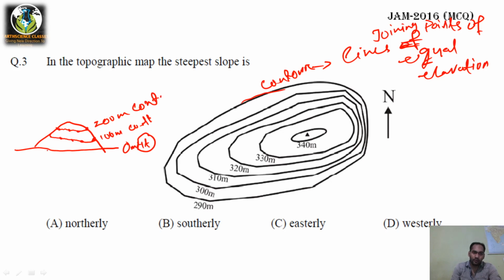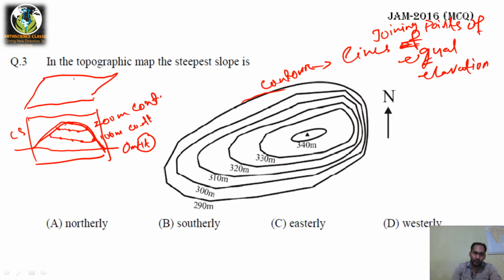Okay, I have told you this is your cross section view, so you can see the profile of the mountain. This is 100 meter and this is 200 meter. In the map, what will you see? In the map you will see it like this. This is 200 meter and this is 100 meter.